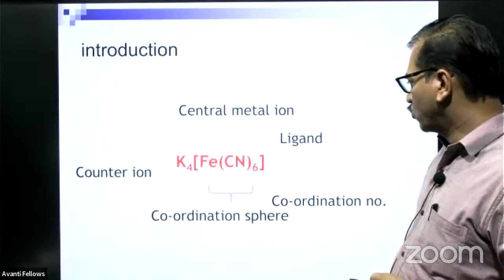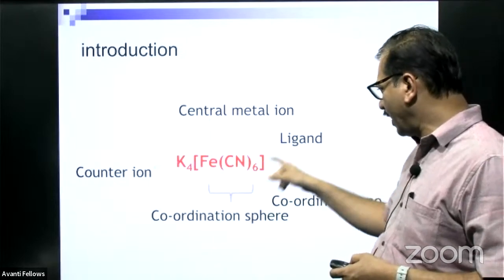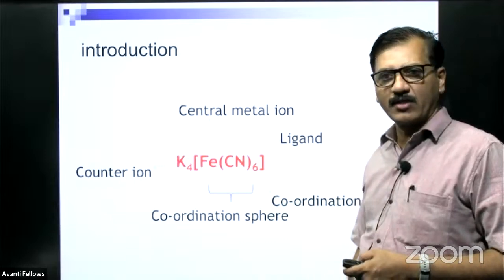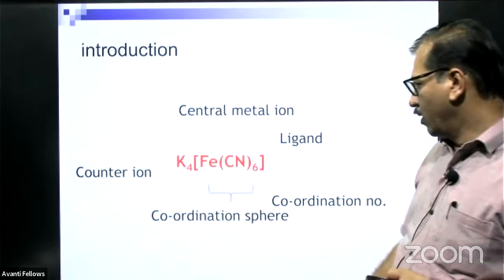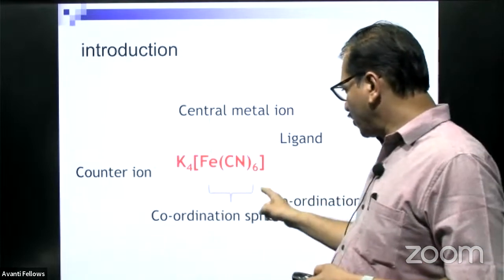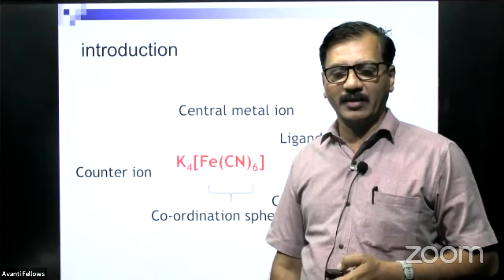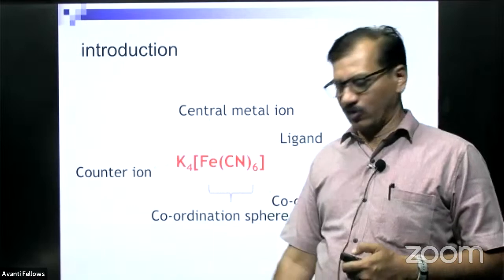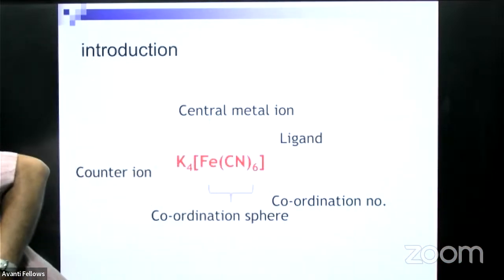The number of ligands, here six, is called the coordination number of this particular compound. The total entity written in the square bracket is called the coordination sphere, and these are counter ions.